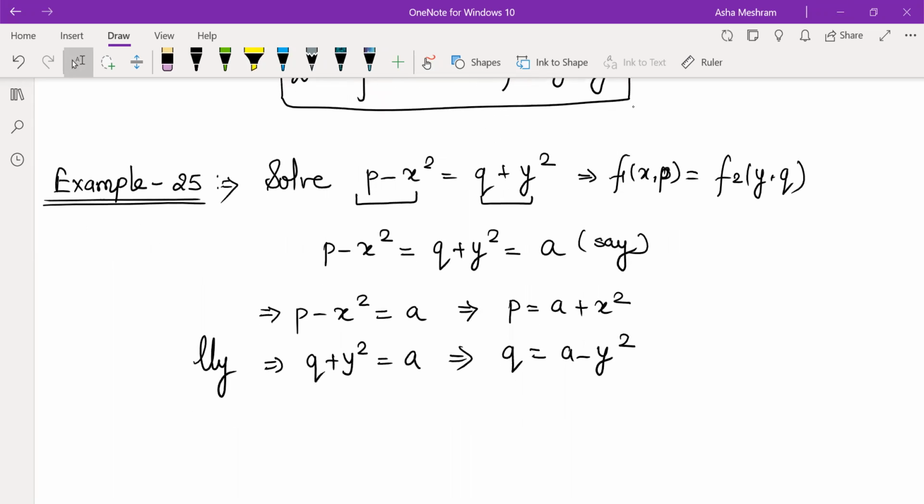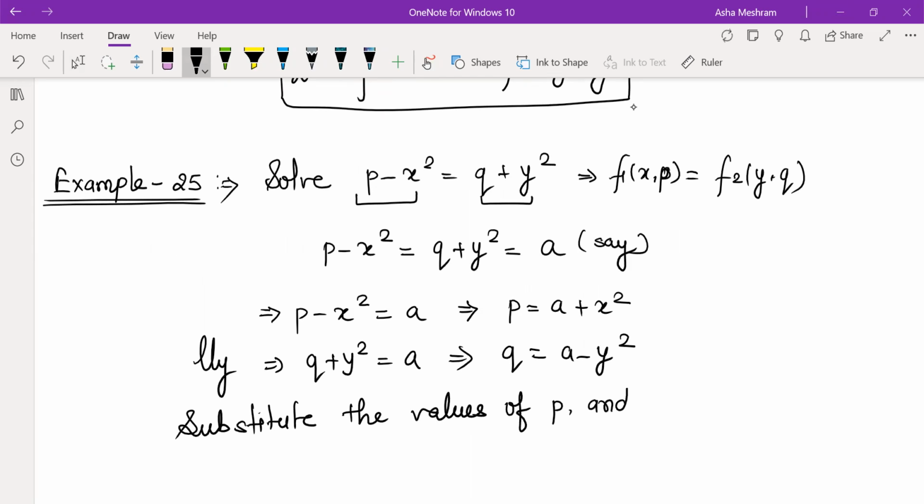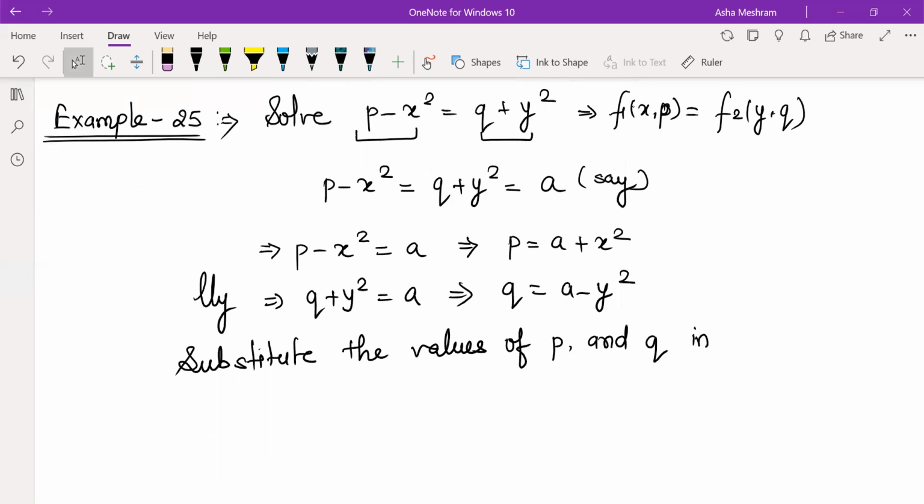Now substitute the values of small p and small q in which expression? dz is equal to p dx plus q dy.